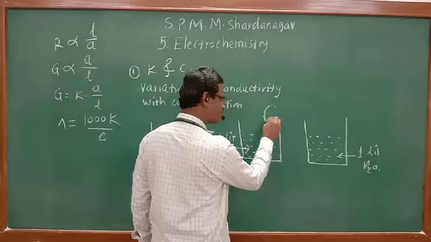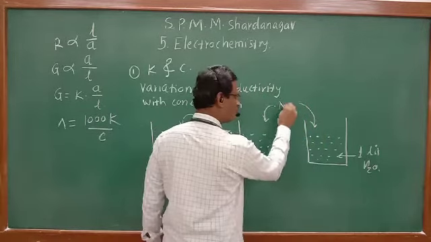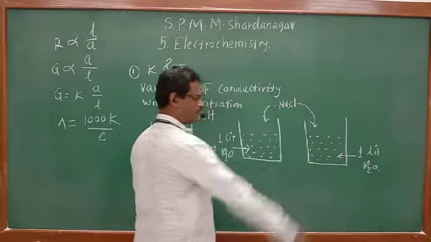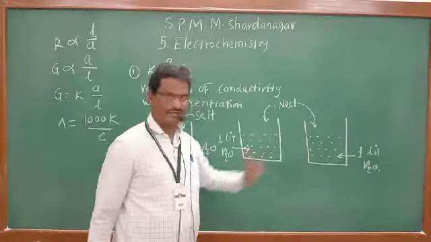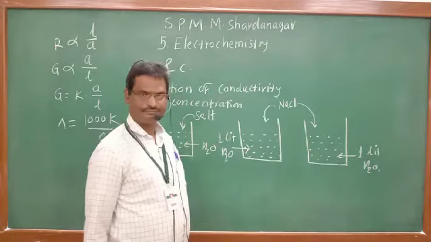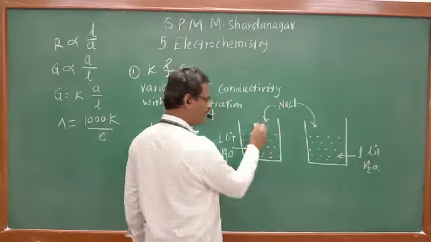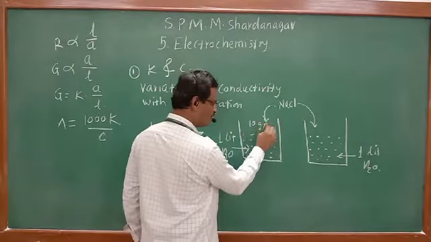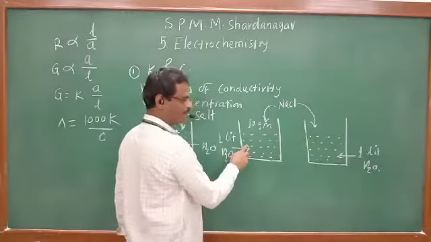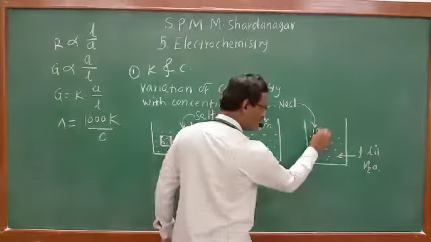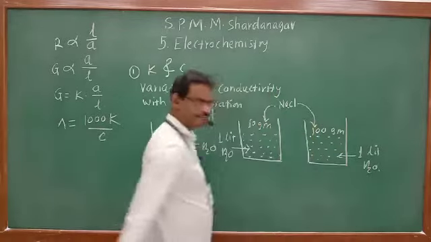Now in both cases I am adding NaCl. Here NaCl is added, here also NaCl is added. But in this case, I am adding only 10 gram NaCl, whereas in this case, 100 gram of NaCl is added.